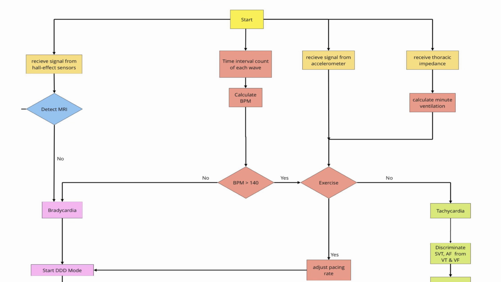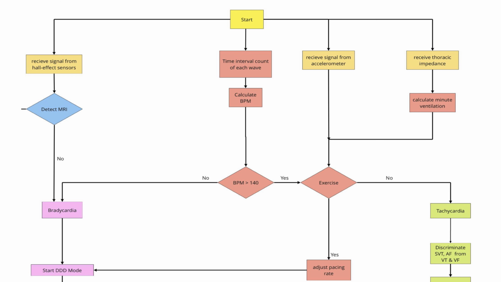The program will start by counting the time interval of the intracardiac events and then calculating the blood pressure measurement to distinguish between bradycardia and tachycardia criteria. The criterion for this is if the blood pressure measurement is less than 140, it will be bradycardia. If it is more than 140, it will be considered whether the patient is doing exercise activity or has tachycardia.